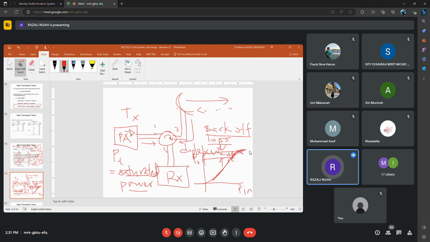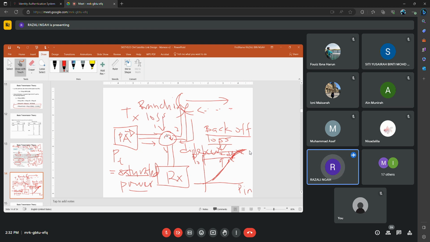So that's related to this power amplifier. We have a back off loss, and then the second possible loss is what we call a branching loss. Branching refers to a junction to separate between transmitter and receiver.